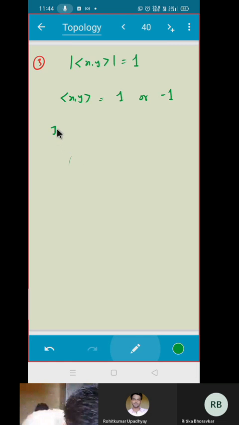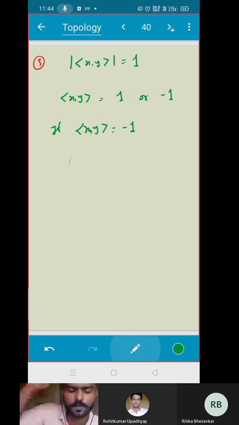So suppose this inner product of x comma y is, say, -1, let us take. If this inner product of x comma y is -1, then how will you prove inner product of minus x comma y is 1? You are taking minus x that side, correct? Yes, sir.